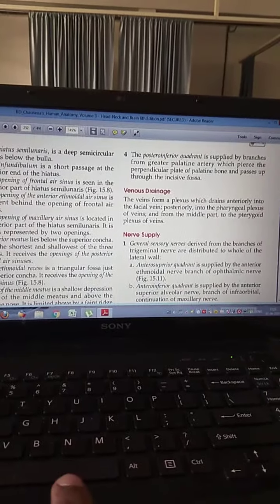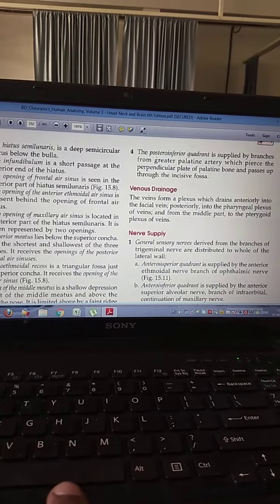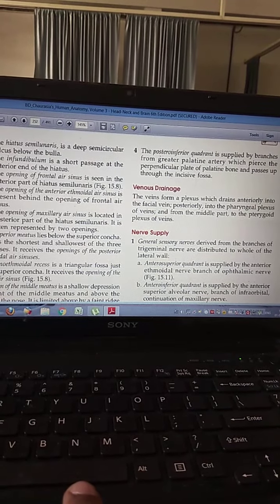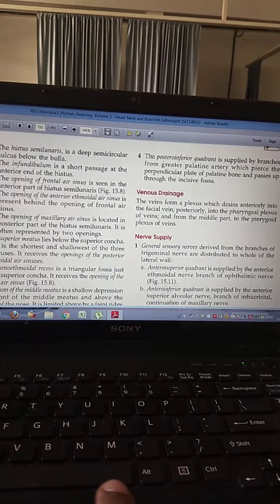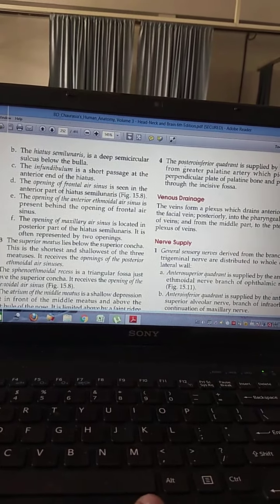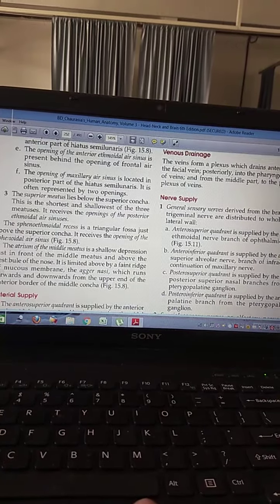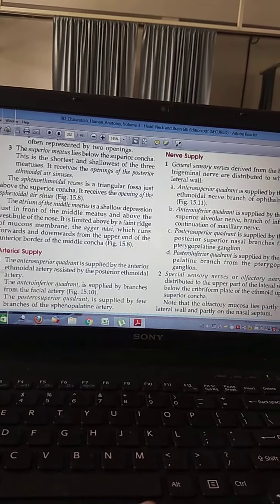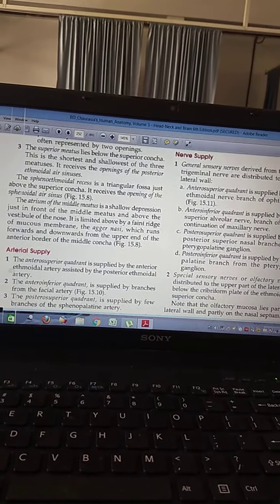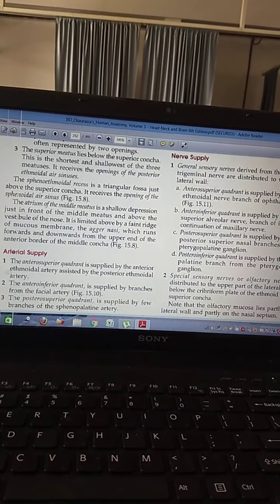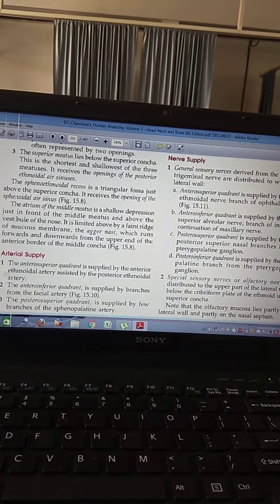Now the nerve supply. General sensory nerves derived from the branches of the trigeminal nerve are distributed to the whole of the lateral wall. The anterosuperior quadrant is supplied by the anterior ethmoidal nerve, a branch of the ophthalmic nerve. The anteroinferior quadrant is supplied by the anterior superior alveolar nerve.